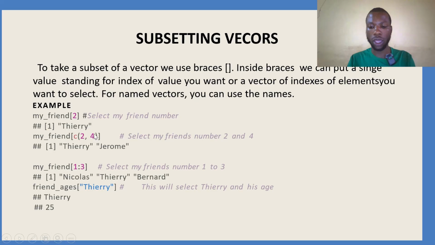The same here, I need to look for number 2 and number 4 at the same time. And here I want to see from 1 up to 3, the people who are in position 1, position 2, and position 3. So that's what subsetting also means. For now, maybe you are asking yourself how those kinds of things are going to help us solve real world problems. But you will see it with a large data set.